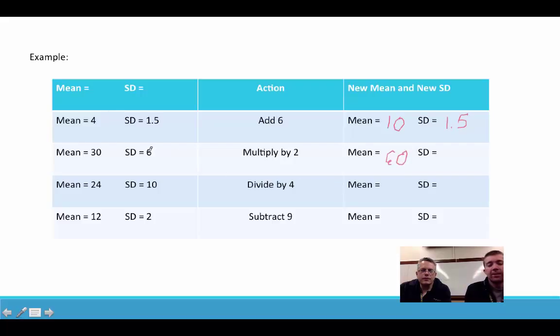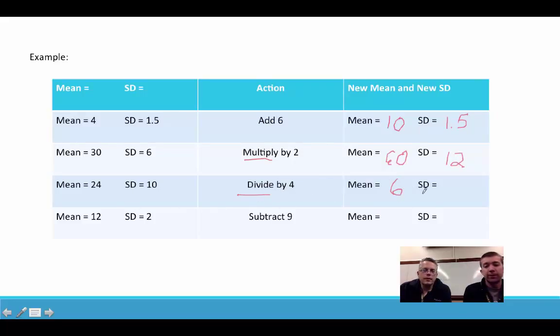Our standard deviation is affected because we are multiplying. It stretches the data out, so it's 12. Our mean of 24, divide now by 4, our mean would be 6. Our standard deviation of 10, we're dividing by 4, so our standard deviation is going to shrink.